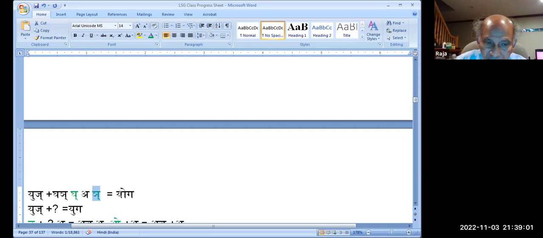And he found out that whenever you add a pratyaya to a root, a common thing he observed is, unless prevented, take the guna of the final vowel, or the guna of the penultimate short vowel. Here there is no final vowel.